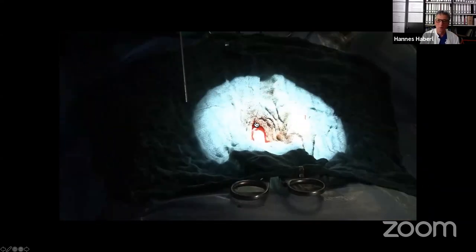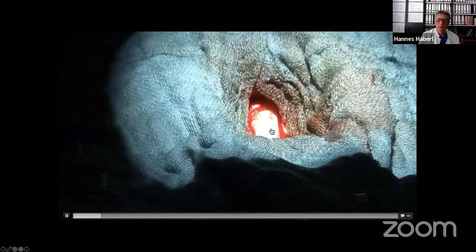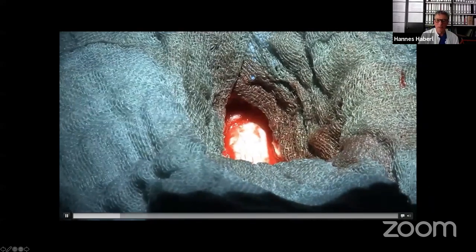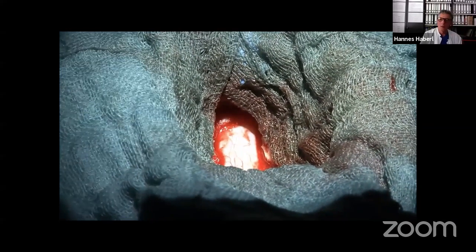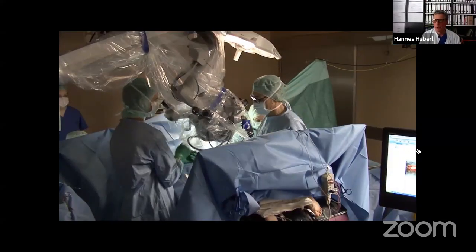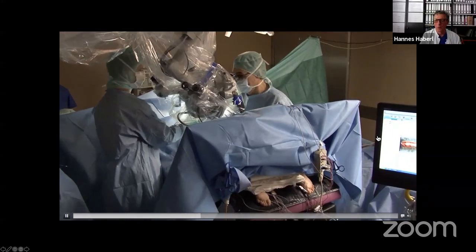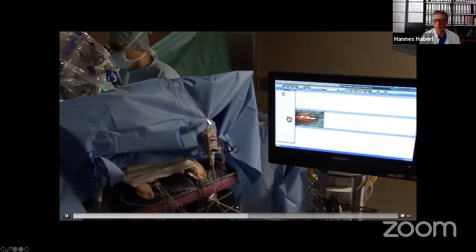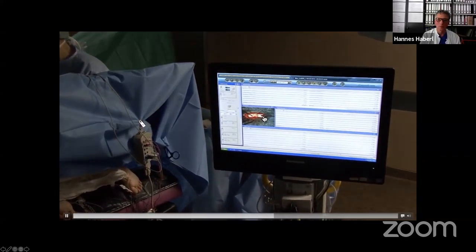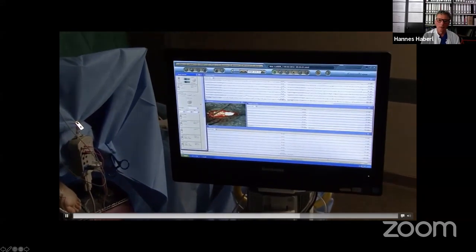This is the microscopic view. And this is also the situation in the OR, where the monitoring team is right beside the operating table, and in an ideal version also has a microscopic image on the screen to see what we are currently doing.